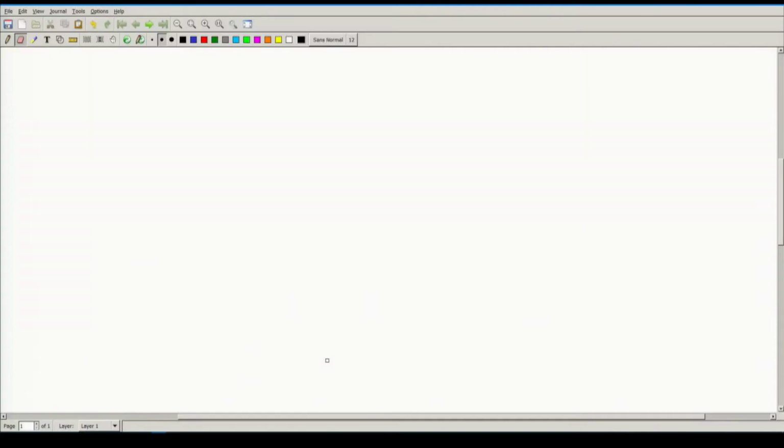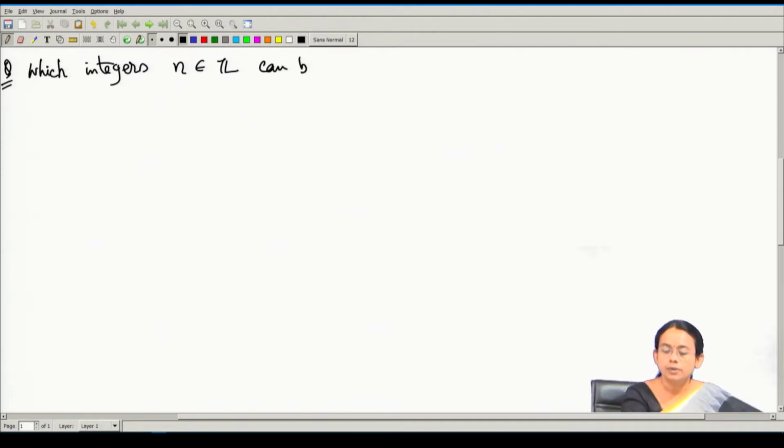So, let us start. The question that we would like to address today is the following: which integers n in Z, of course we are talking about positive integers, can be written as a sum of two squares?